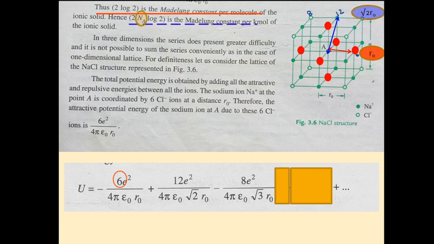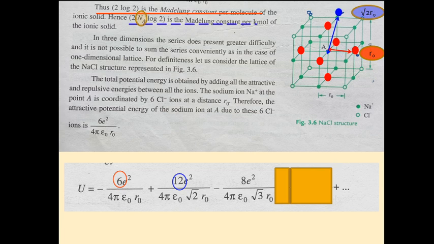All 12 positions are at a distance of root 2 R0, and it is very understandable because it is a diagonal, applying the Pythagoras law. Both the adjoining points are at distance R0, and the vertical distance is also R0, so the diagonal distance according to the Pythagoras law becomes root 2 R0. As I am mentioning, there are 12 such positions, therefore the multiplicand factor in the second step is 12.